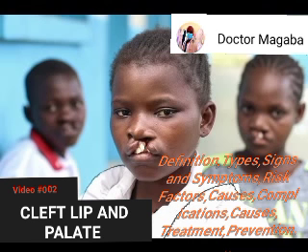So it becomes a big challenge because they cannot suckle. Breastfeeding becomes hard for them. They cannot really do it effectively.